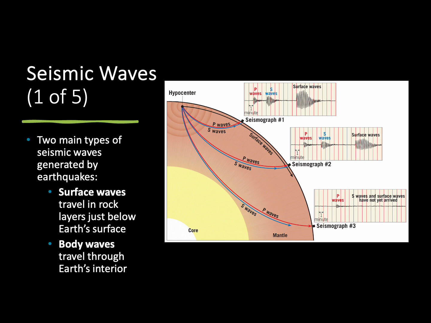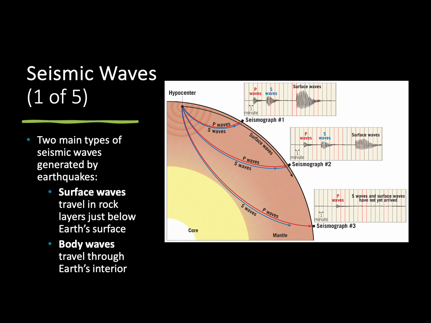When we look at these seismic waves, or these energy waves that are released once we suddenly have slippage or rupture, creating an earthquake, these seismic waves are going to move in two different ways. One type is called a surface wave, and this is where these seismic waves, or the energy rays, travel just below the surface of Earth and the very uppermost rocks, very close to where we live.